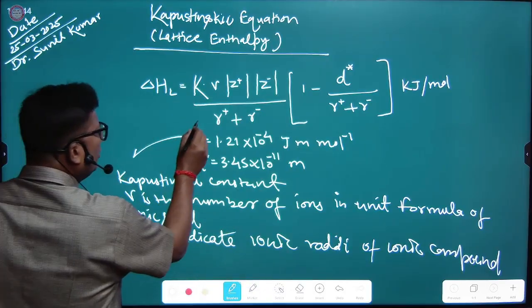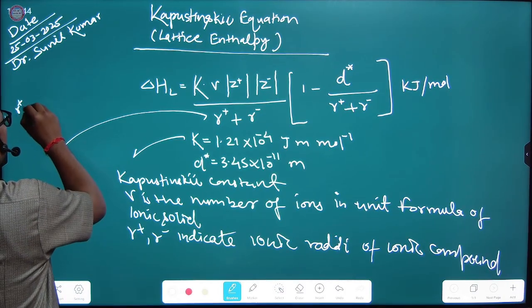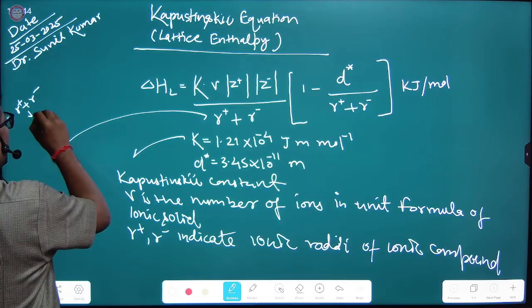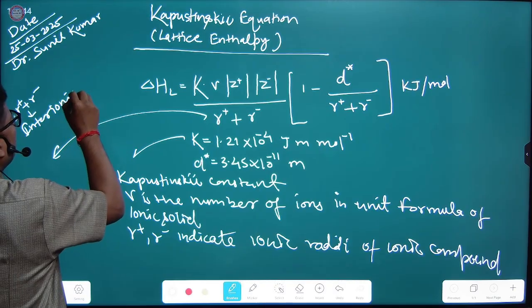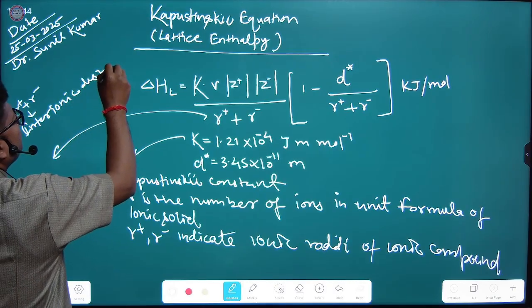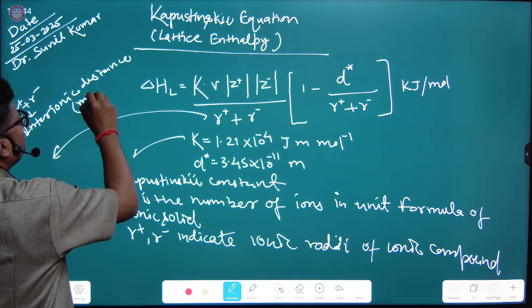And R+ + R- indicates the interionic distance, in meter.